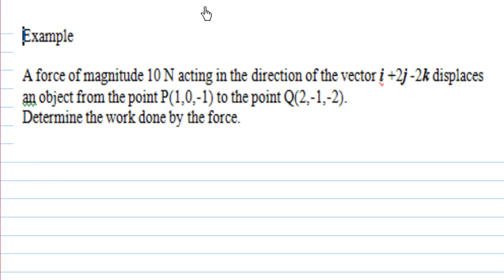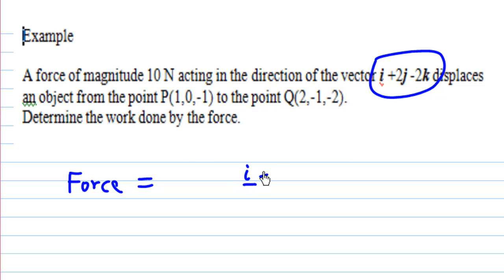Find out the force. First of all, the force is in the direction of i plus 2j minus 2k. So you can write this is the direction of the force, i plus 2j minus 2k. However, this is not a unit vector, so you divide it by its length.